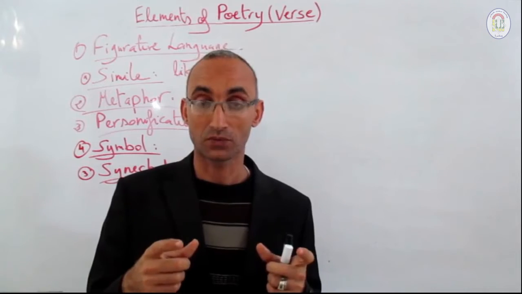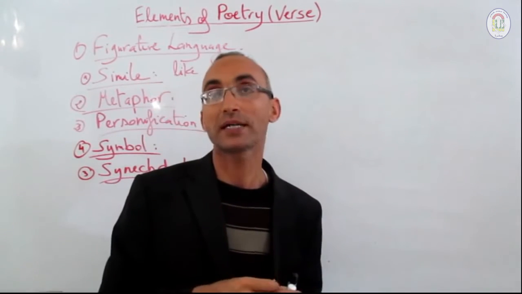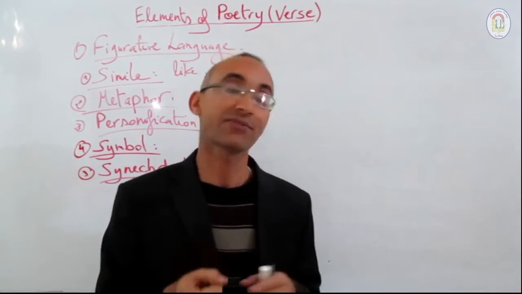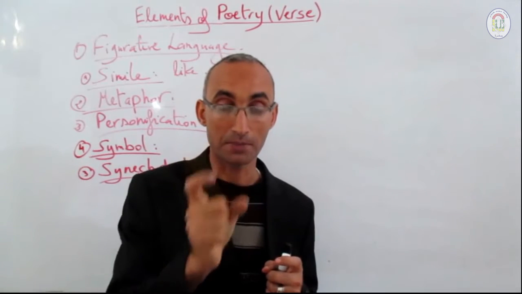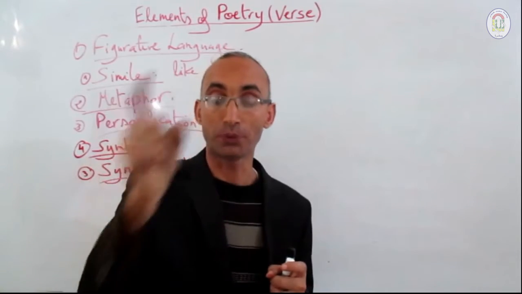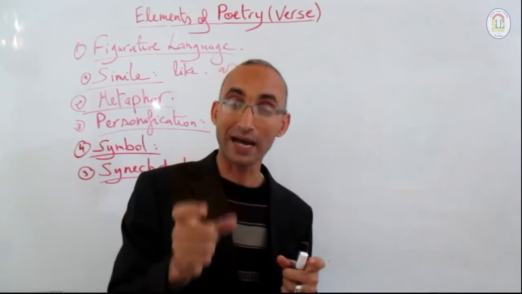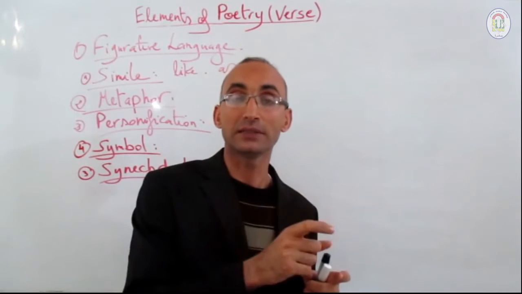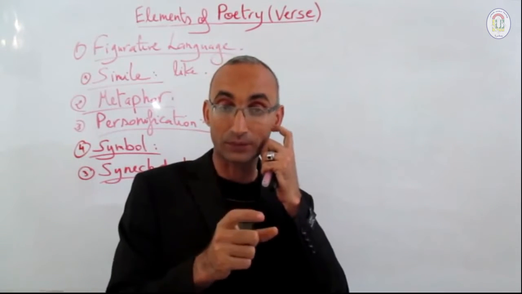Clear? For example, when the part refers to the whole, we say his eyes are following me. His eyes, it's only a part of a person, but this part refers to the person himself. Not only his eyes, but the whole person. Clear? So here, it is the use of Synecdoche.